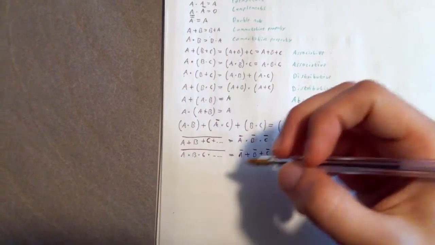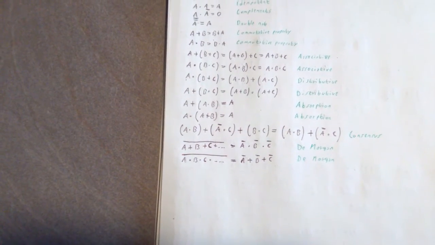And then there are the last two properties, which are called the simplification properties.